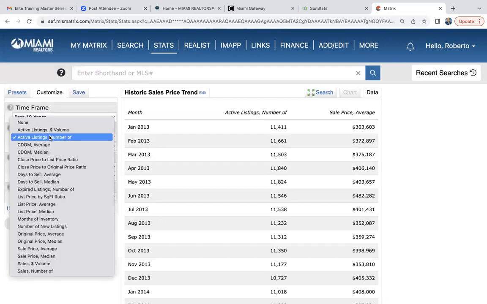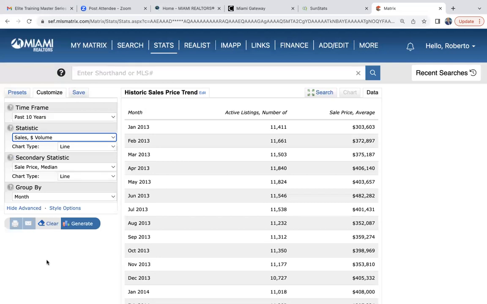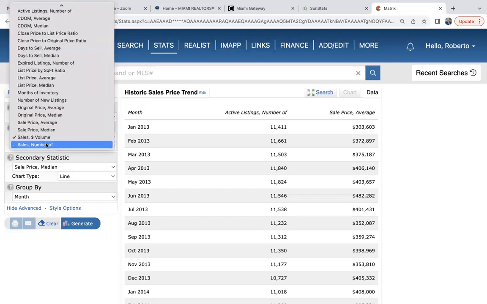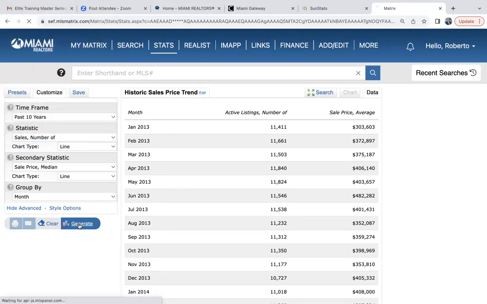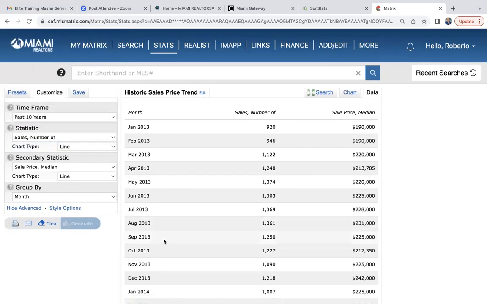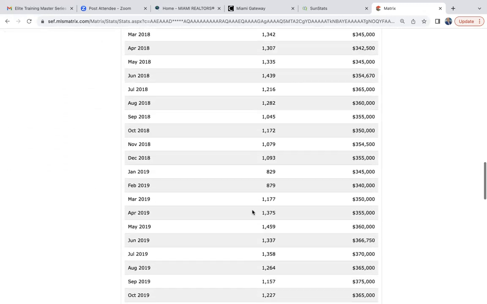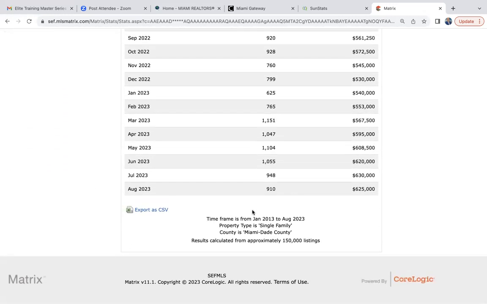You're gonna come here, and you can say sales volume, or number of sales. So that's even better, number of sales. Hit generate.